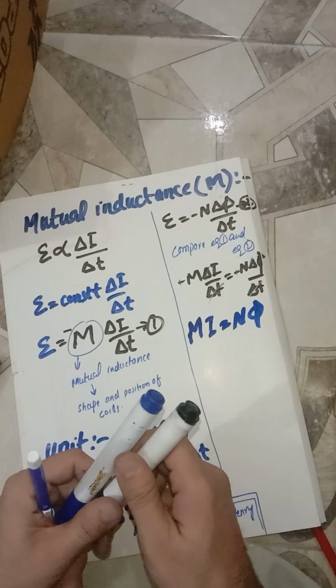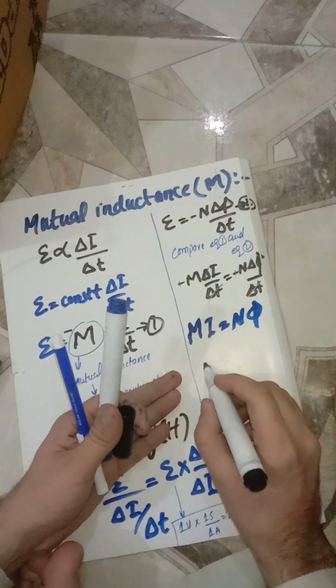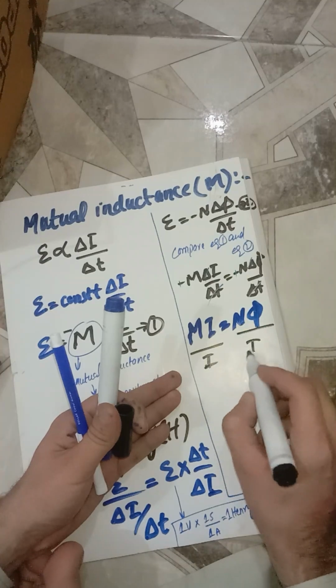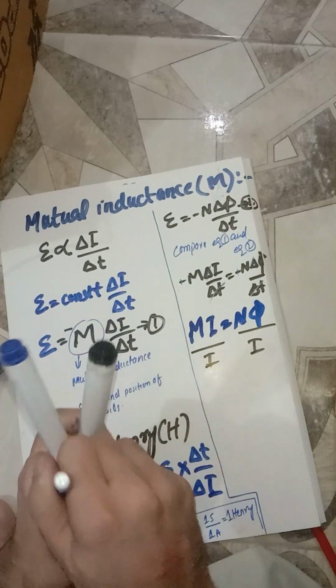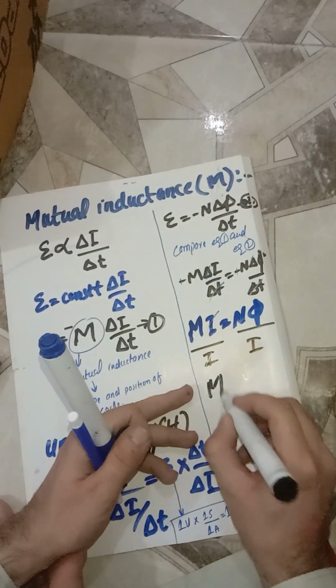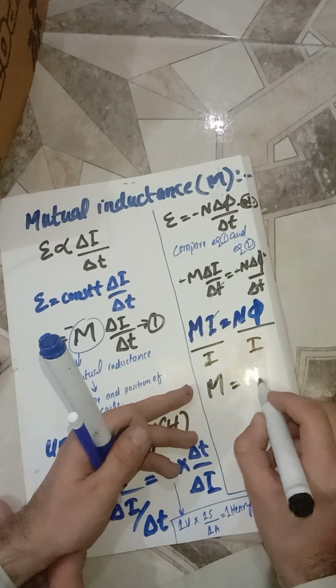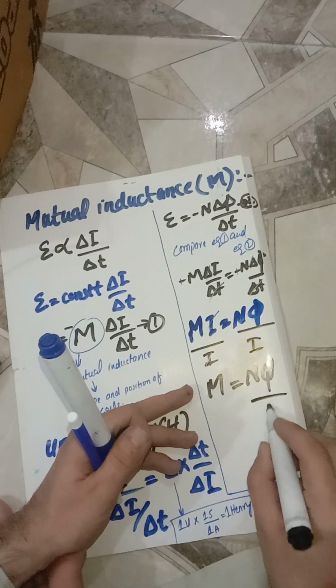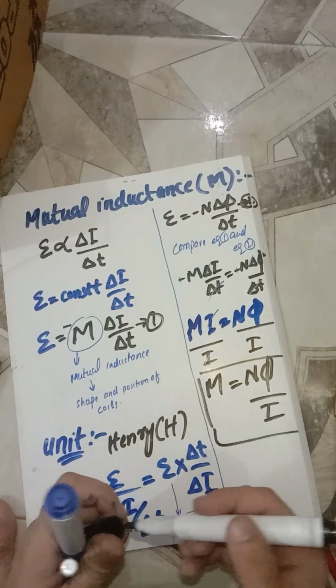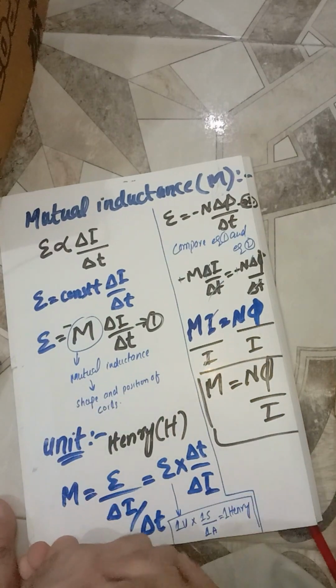From here, M will be equal to, we divide this side by I and that side by I, and the I's cancel out. So the equation becomes M is equal to n phi by I. This is the final equation for the mutual inductance.